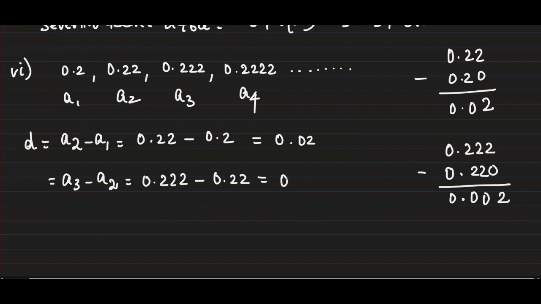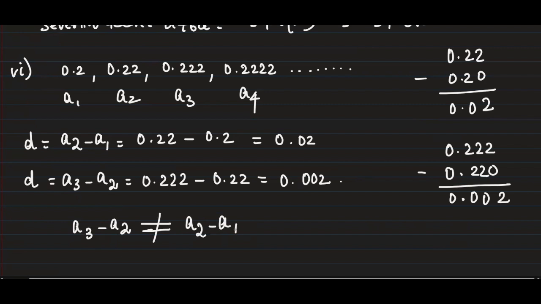So this is 0.002. If you notice here, the D value is actually different. For the first one we got 0.02, and for the second one we got 0.002. So it's not equal. So this does not form an AP. So A3 minus A2 is not equal to A2 minus A1.